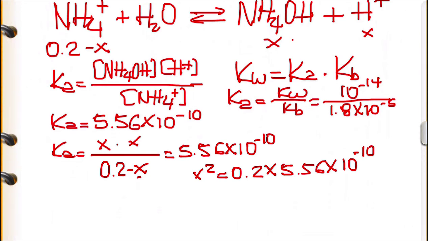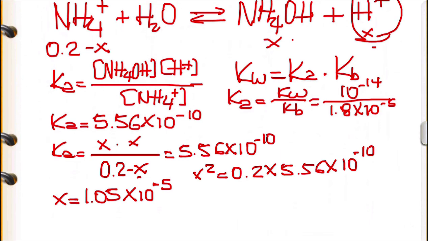Let's calculate that now. And this is going to give us X equal 1.05 times 10 to the negative 5. All right, so X is the concentration of protons, right?